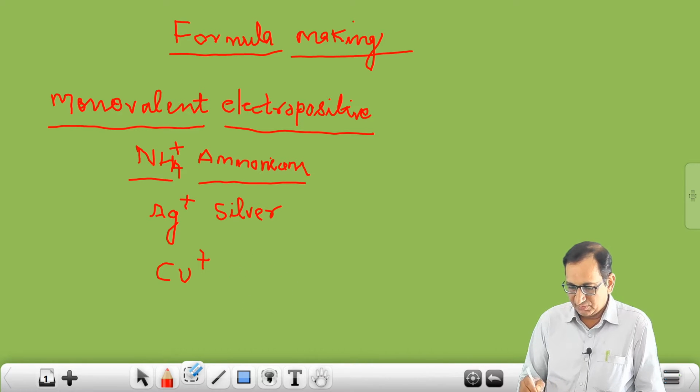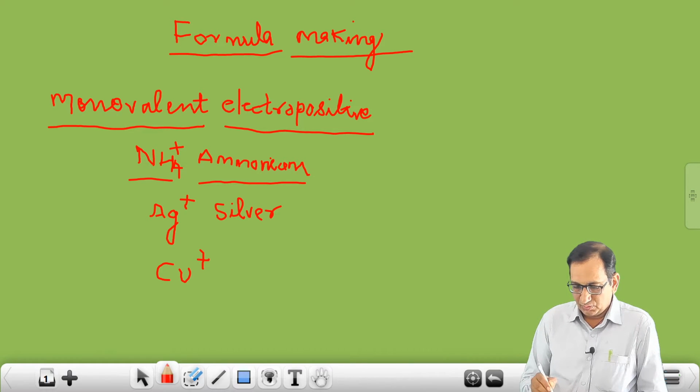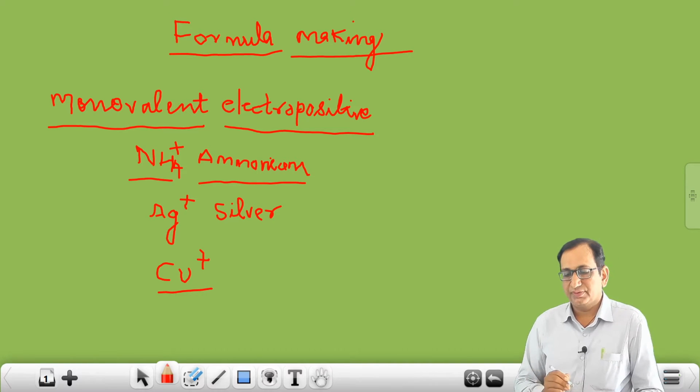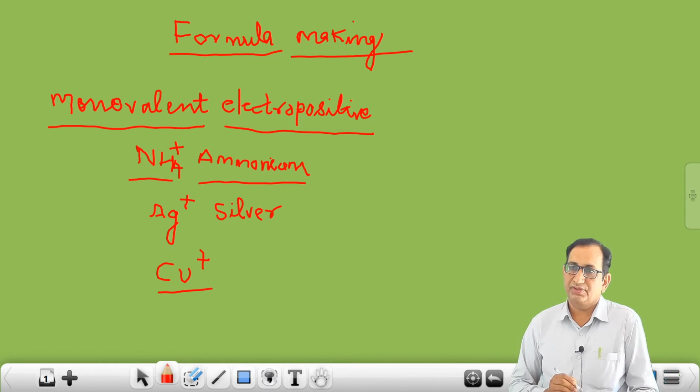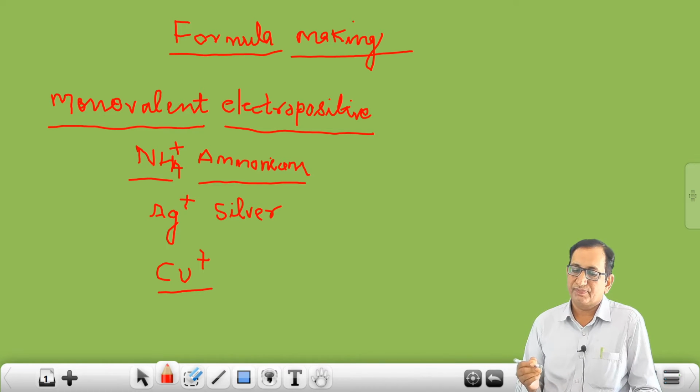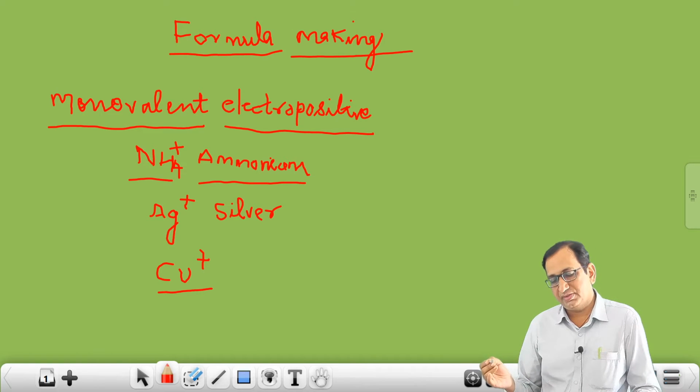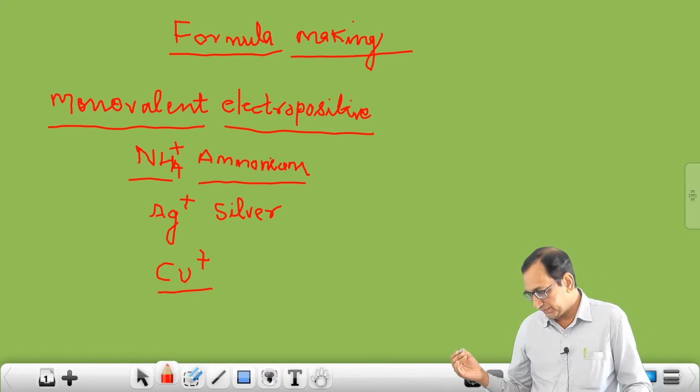So here you will write cuprous. Because of only one valency, we will write here Cu plus, that is cuprous. If valency is plus 2, then we will say it cupric, because copper has got variations in the valencies.